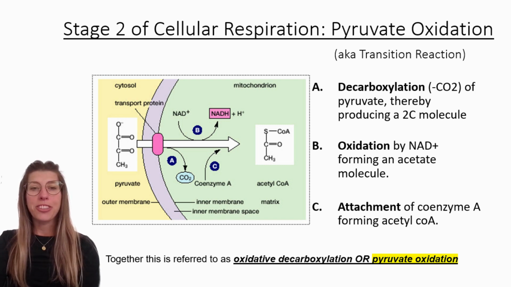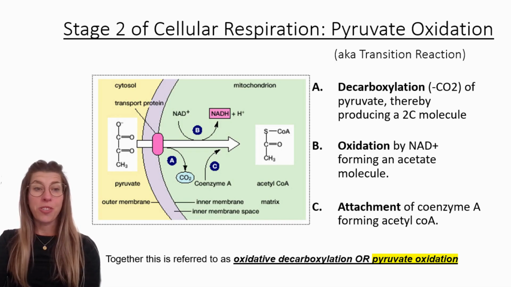And what happens in part A of stage 2, pyruvate oxidation, is that once it enters the mitochondria, decarboxylation happens. The pyruvate breaks off CO2, and now it produces a 2C molecule. Remember, pyruvate is a 3C molecule, 3 carbons, because it originated from the 6C compound, glucose, which broke into 2.